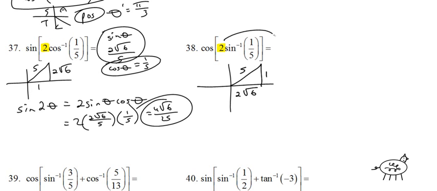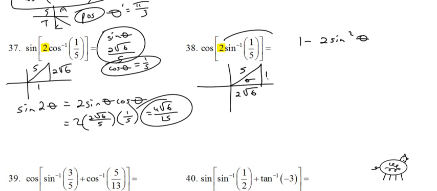This is the deal. I'm giving you already the ratio for sine, and so why would you use anything with cosine in it? I would use this one, 1 minus 2 sine squared of theta. Okay? Because then if you made a mistake with that 2 root 6, it's not going to cause you any grief. Obviously in number 37, you had to find both of them because you needed sine and cosine.